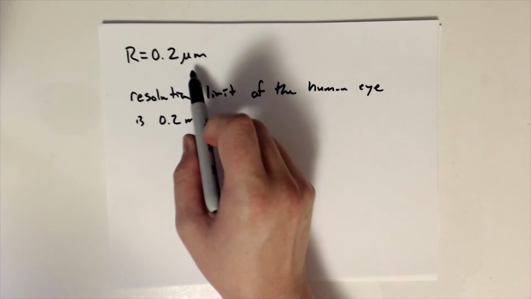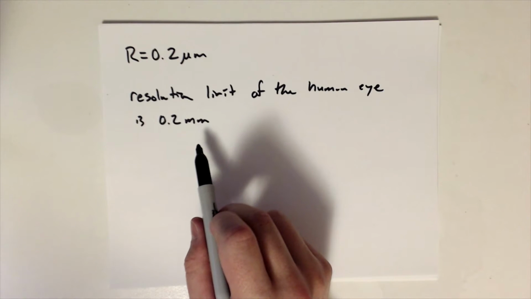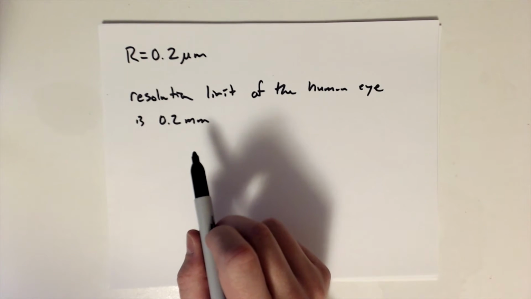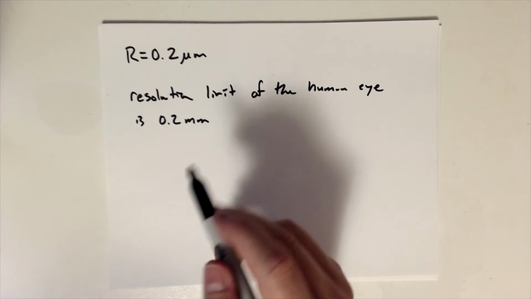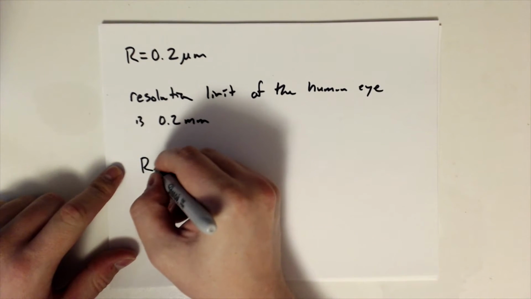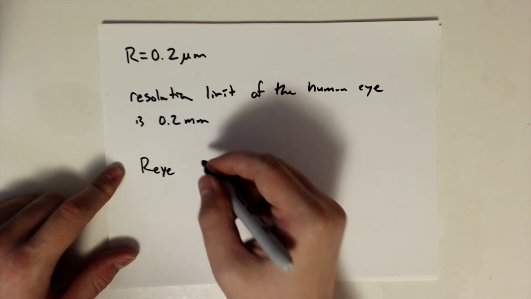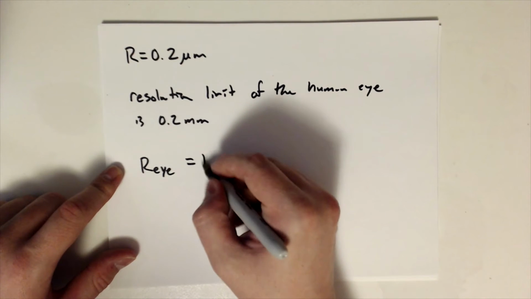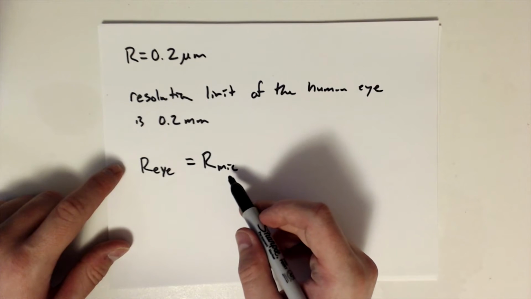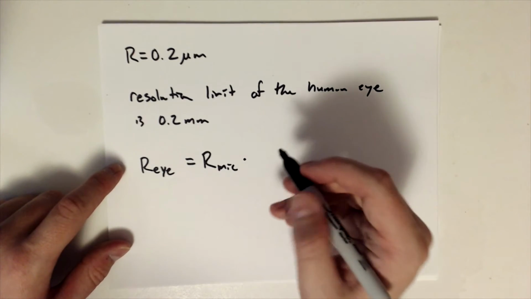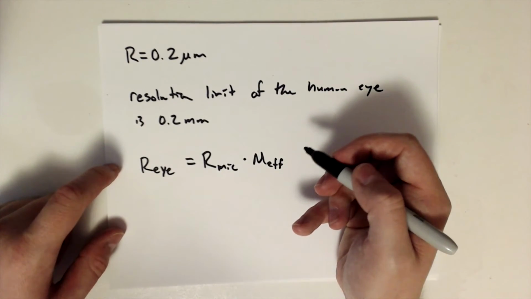So we know our resolution from diffraction, we know the limitations of our eye. So what is the largest effective magnification that we could expect? We can take the resolution of the eye, so I'll take capital R sub I, and that's going to be equal to the resolution of the microscope, so I'll call that MIC, multiplied by this effective magnification.